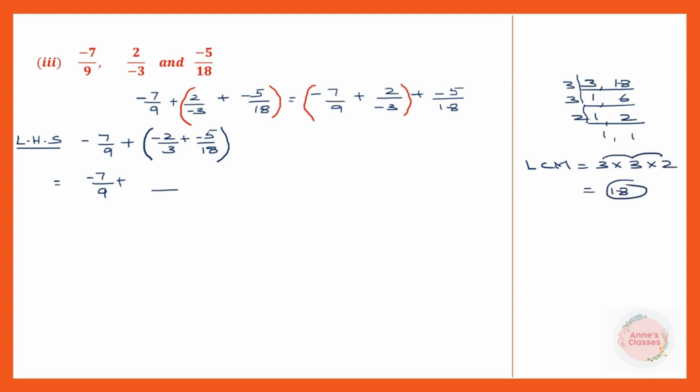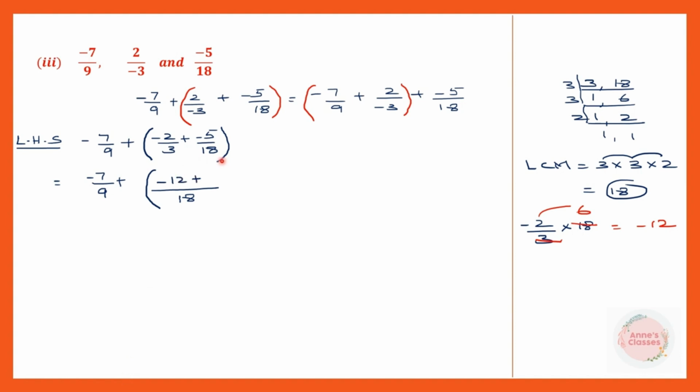So here we're going to use this 18 and get the new numerators. For that, let's take the first rational number, which is minus 2 by 3, and multiply this with the LCM, which is 18. Now cancel. 3 sixes are 18. Multiply these two. 6 twos are 12, minus 12. So that will be the new numerator, minus 12 plus. Take the second one.